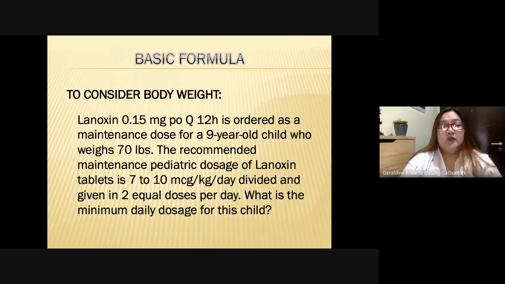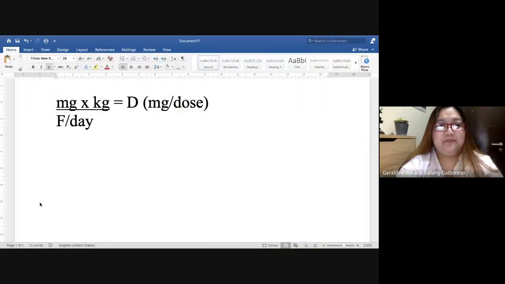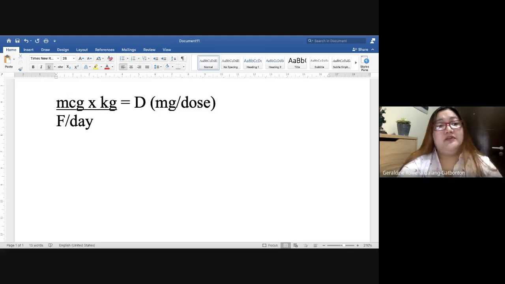Okay, ano ulit ang hinahanap? Ito ulit yung hinahanap, yung dosage per day. Pero hindi siya mg. Okay, papalitan mo lang siya ng microgram, kasi ang given ay microgram. Alright, ngayon, ano yung kailangan nating makita?